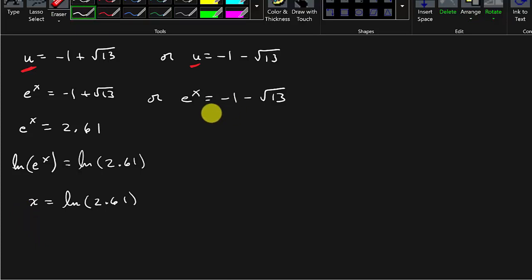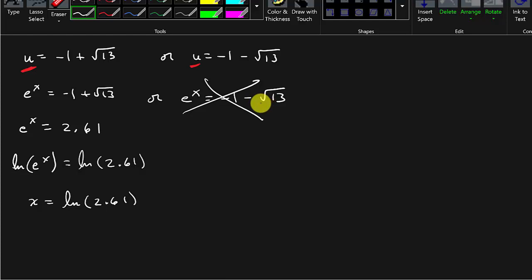All right. Now, you can, if you want to, waste your time with this one right here, or you can just say, well, that's no solution. Because remember, if you have a number raised to a power, you're never going to get a negative answer. In other words, e to the x, no matter what you plug in for x, you're never going to get a negative number. And negative 1 minus square root of 13, well, what's the square root of 13? 3 point something, right?